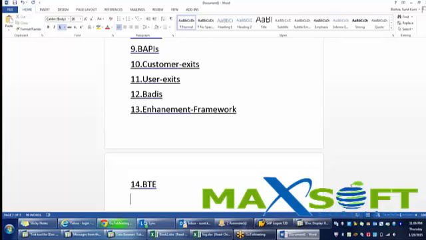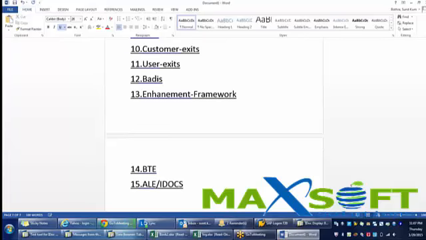And then comes the advanced part where ADOPs will be covered. Sometimes your business processes are distributed across the globe and there are different systems in which the business is running.